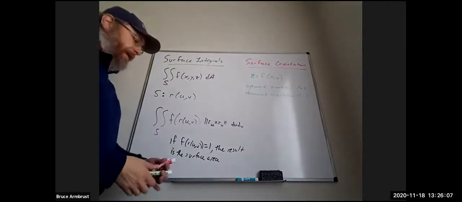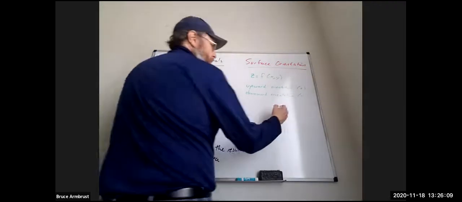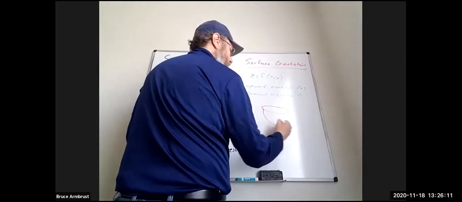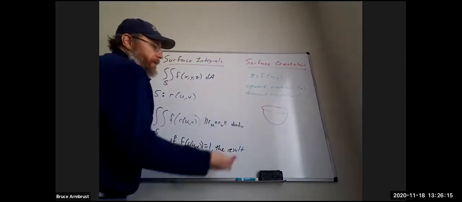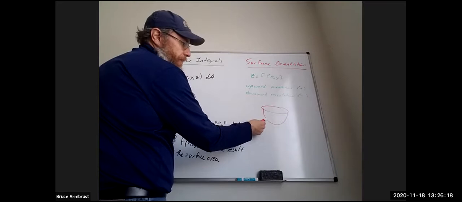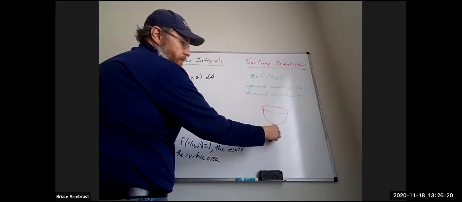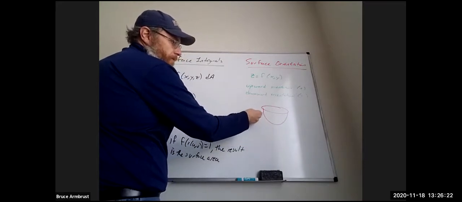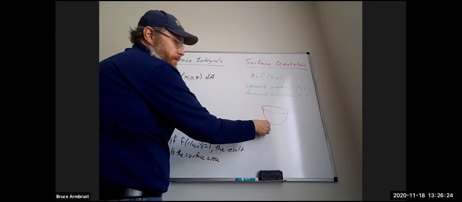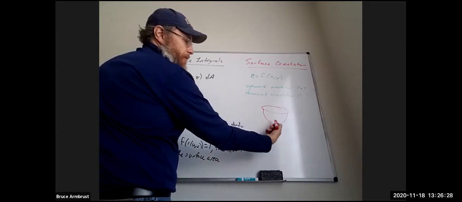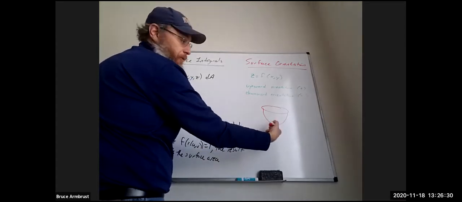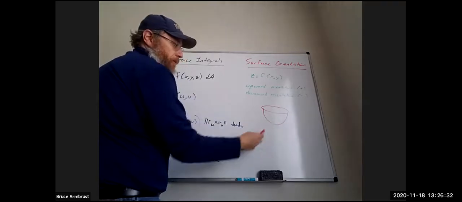So take, say, an elliptic paraboloid, right? So a bowl like this. The downward orientation would be the vectors that are on the outside of that bowl, because those all point downward in the z direction. Again, remember it's three-dimensional, so there are some coming out and pointing towards you, and there are also some going into the board.